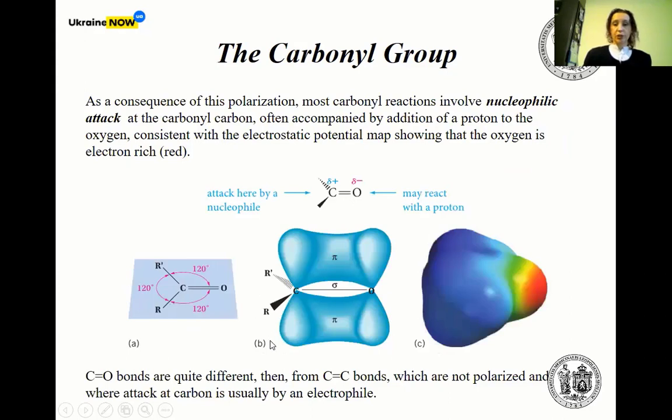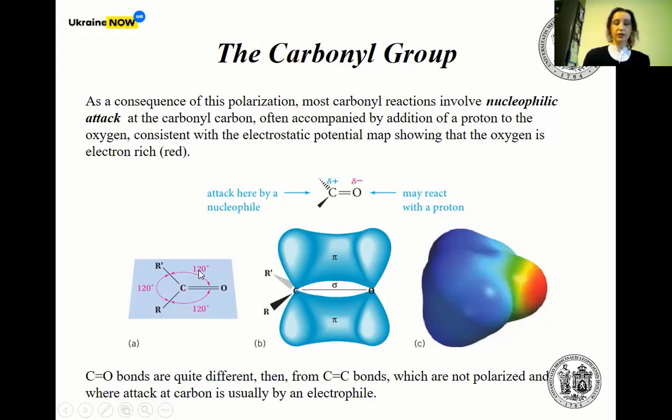This picture shows the electrostatic map of an aldehyde molecule. Here is the oxygen atom. Here we have higher electron density, and here we have lower electron density. The same picture shows how the sigma bonds are situated around the carbon in the carbonyl group.